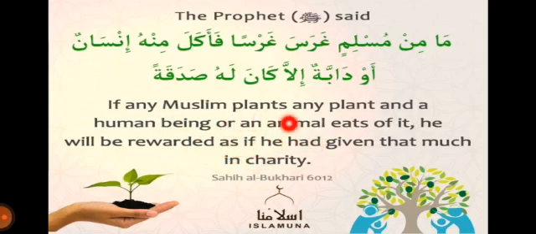Similarly, plants will provide food to so many living things, and it will be a reward for that human being who planted that tree. So promise that in future you will plant a tree in these vacations, and now you are staying at home, you have to plant a tree in your surrounding, because it's a great sadaqah jariyah, it's a great charity.